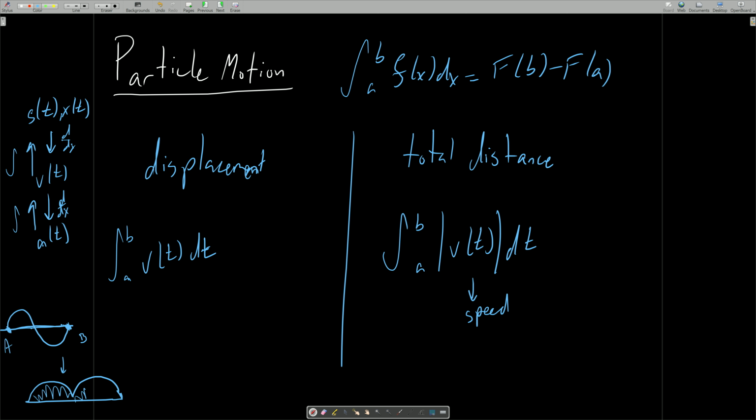And so it takes into account all of the distance traveled. Here you travel in the positive direction, then you travel in the negative direction, and you end up back at 0. That's displacement. For total distance, you have how much you traveled in one direction, and then how much you traveled back, and it just adds those together. So that's why you take the absolute value, because your total distance will be positive.